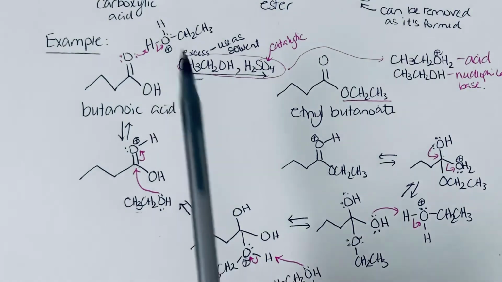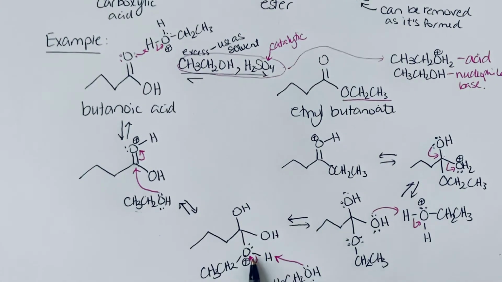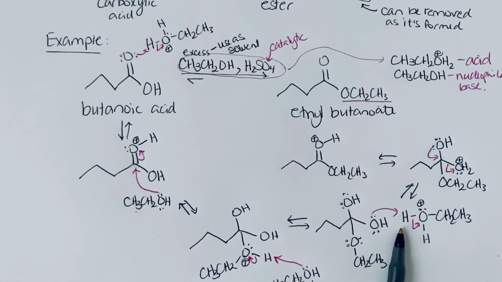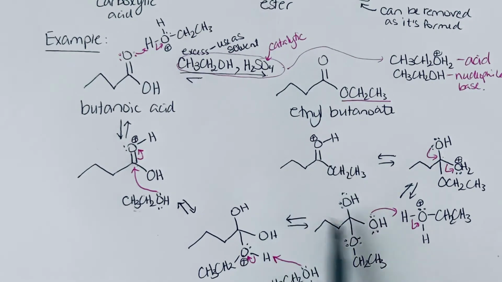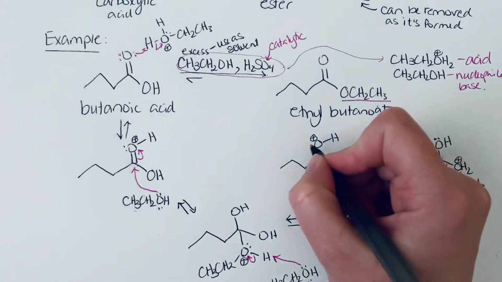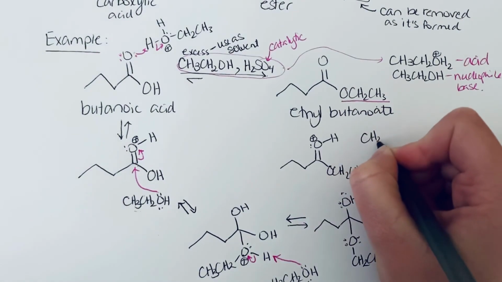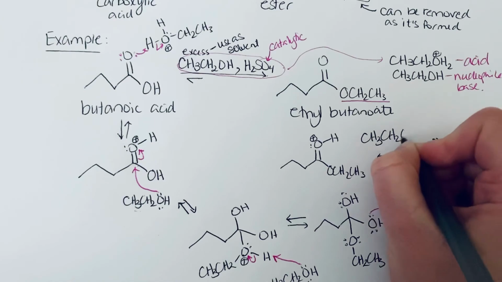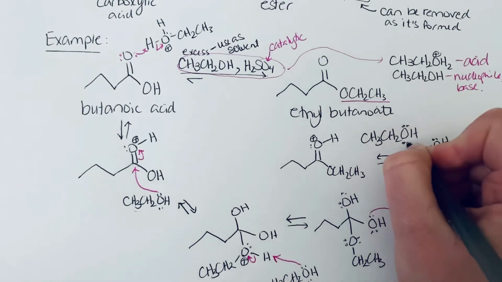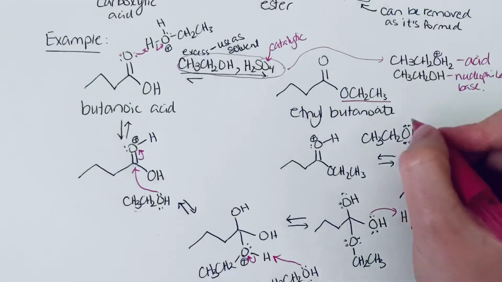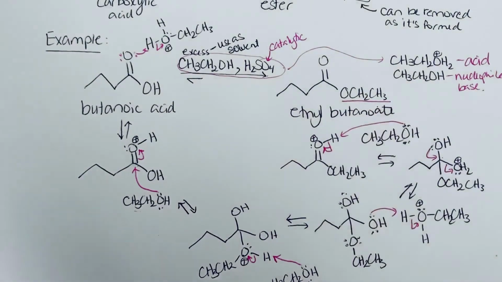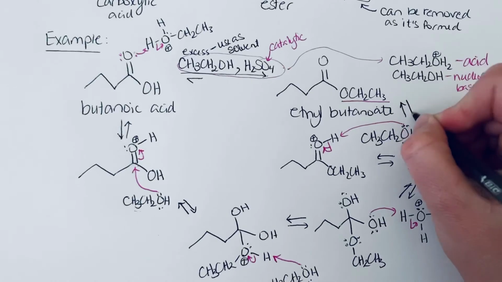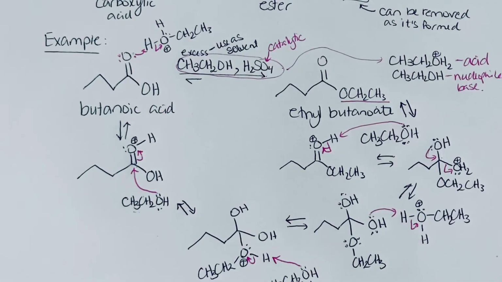So we said we used acid in the first step, we regenerated it here, we used it again here, and now we're going to regenerate it again in this very last step because I'm going to use an ethanol to take off that proton. And so this is going to be the final step in this mechanism. All right, so a little bit long, but there you have it, the full mechanism for the Fischer esterification.